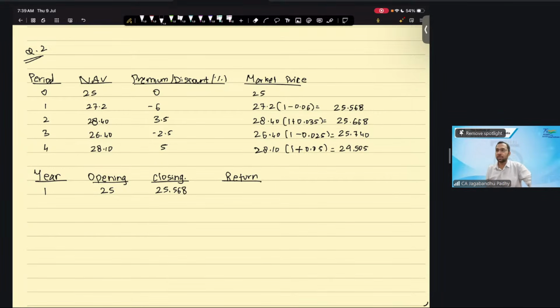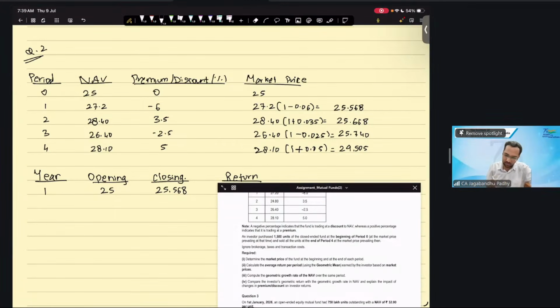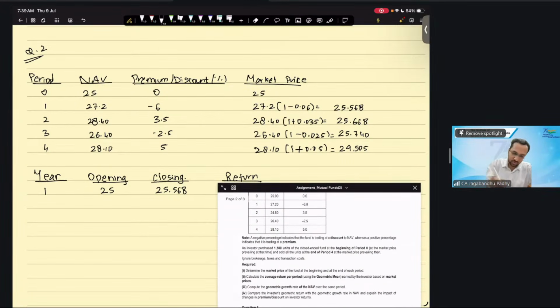Okay. So the return that we have, NAV for year two is 24.8. One second. Okay, so this is 24.8. But I think this is accurate. Fine.